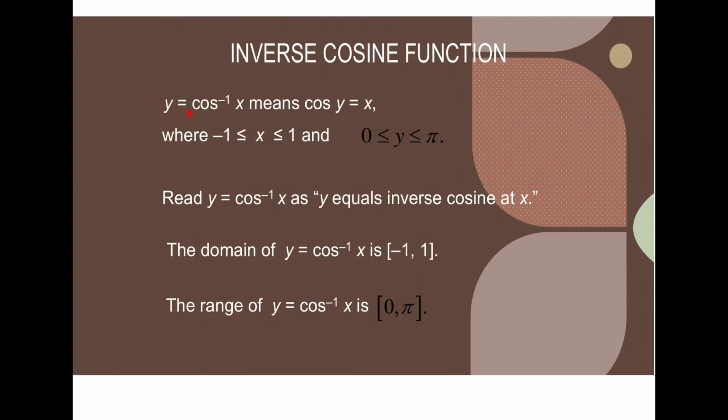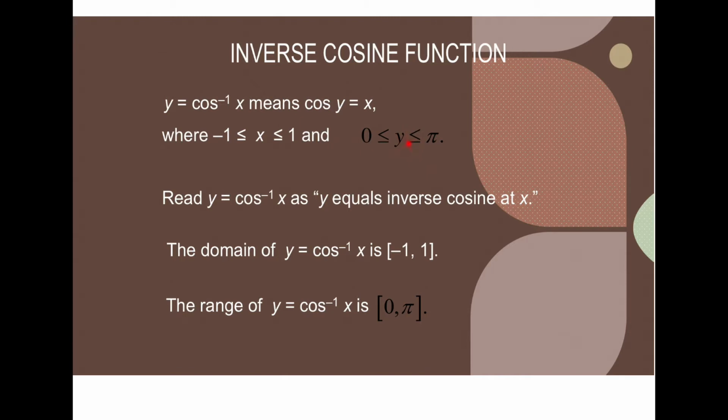So y equal to arccosine of x means the cosine of y will equal x, where x, of course, will be between negative 1 and positive 1, right? So we're talking about the domain here of our inputs, and what would be the output here of just the regular cosine function.